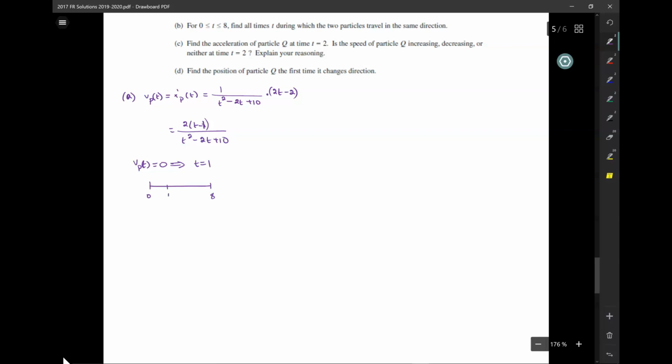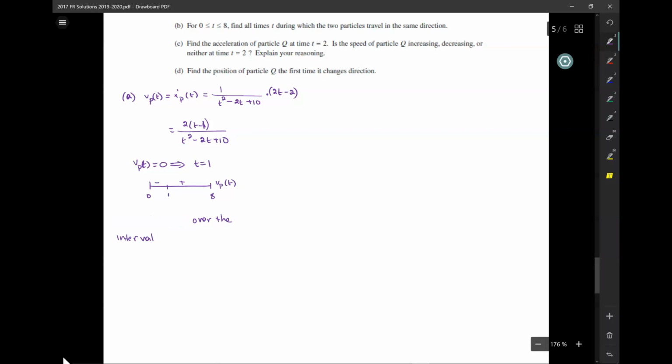Label this as Vp of t, and then you can do your sign chart like this. It's probably more efficient to do it that way, so I'm going to erase this.